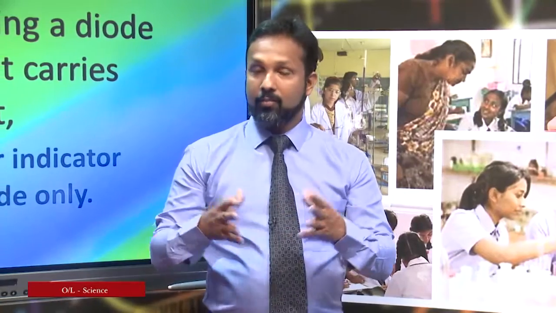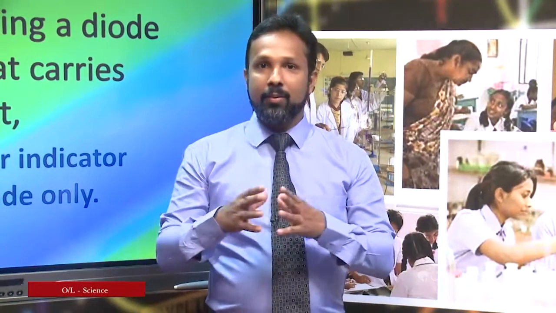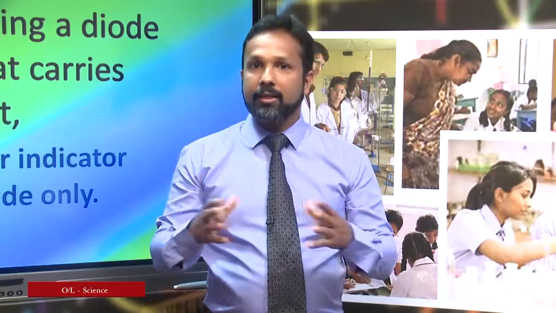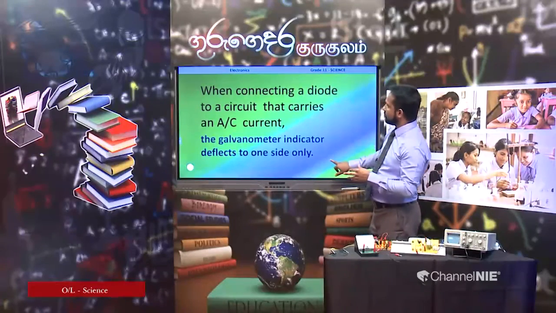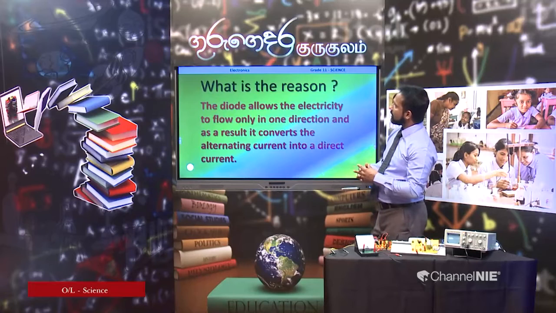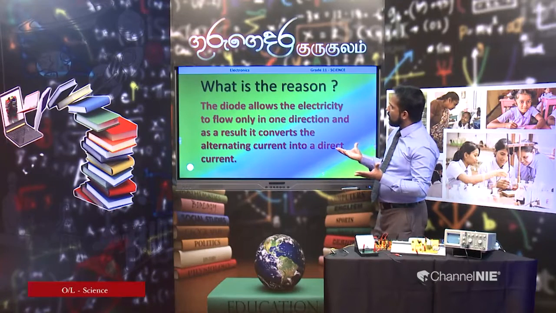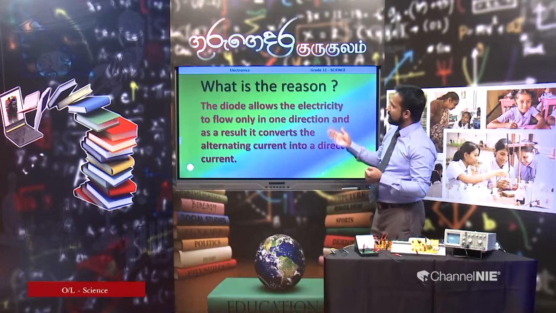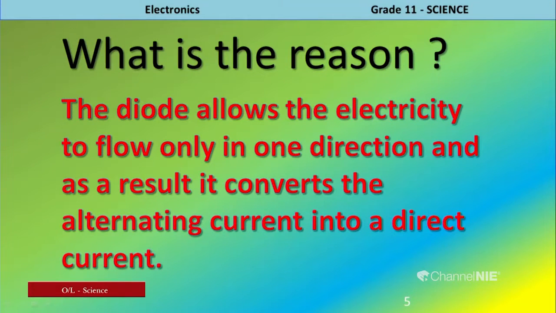Let's learn more information regarding the process done by the diode. What is the reason for having that change? The diode allows the electricity to flow only in one direction, and as a result, it converts the alternating current or AC current into a direct current. Right.